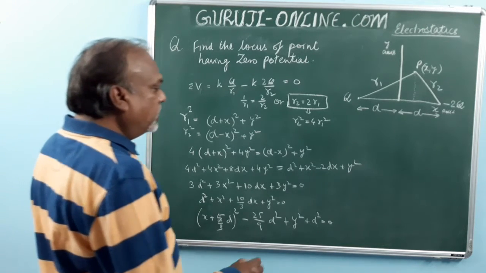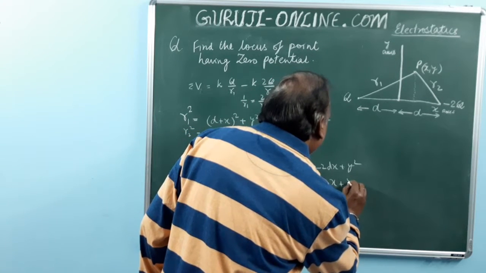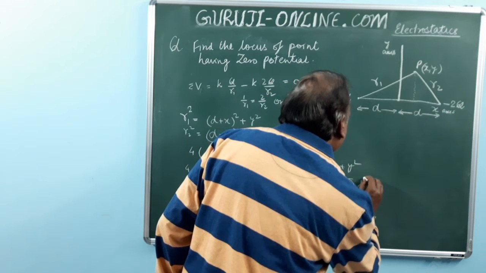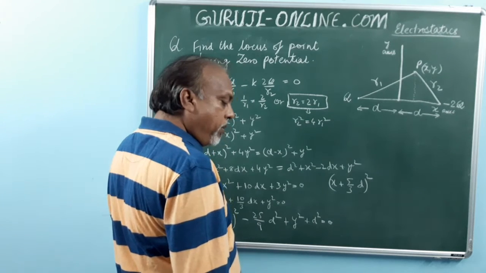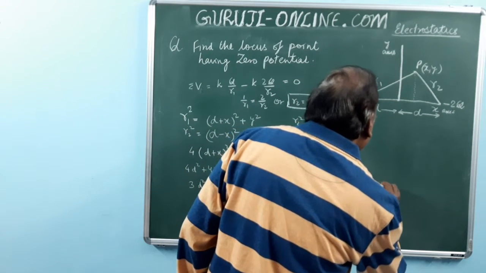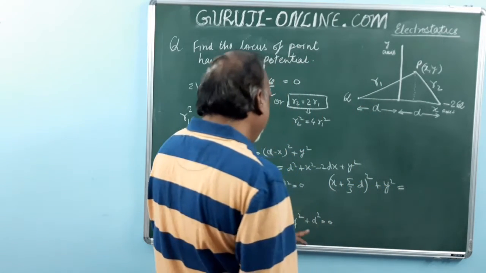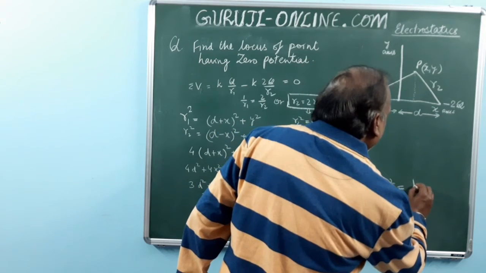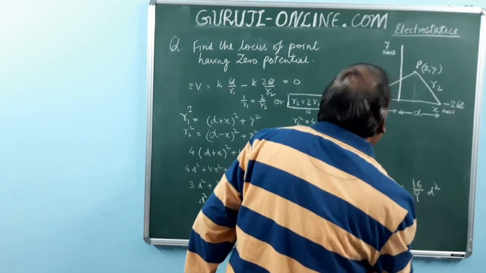Now this we can write as (x plus 5 by 3 d) whole square plus y square is equal to, this will go like this, then this will be 16 by 9 d square.